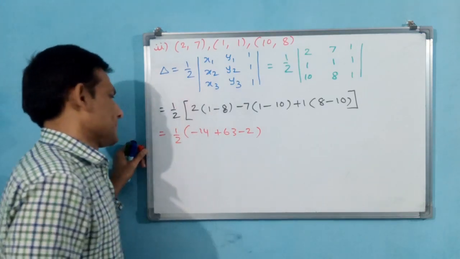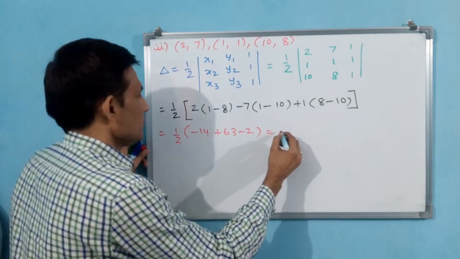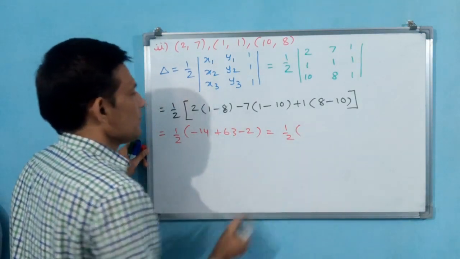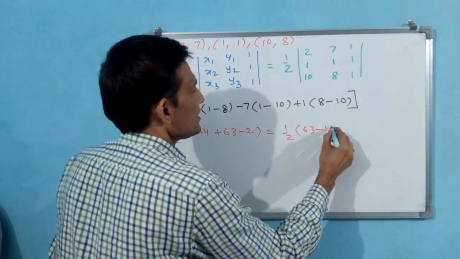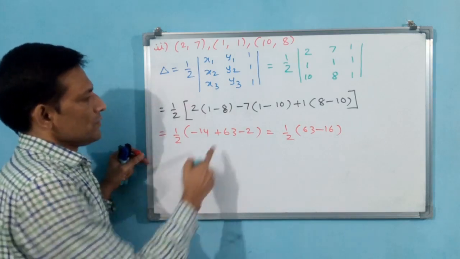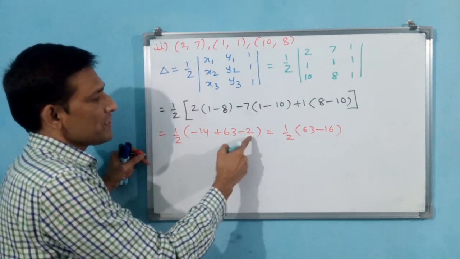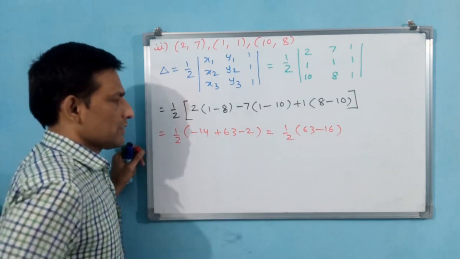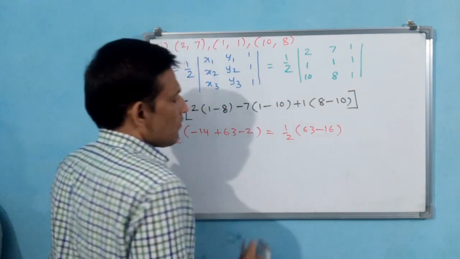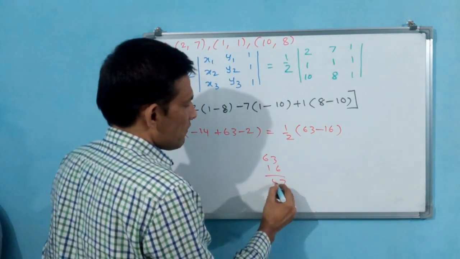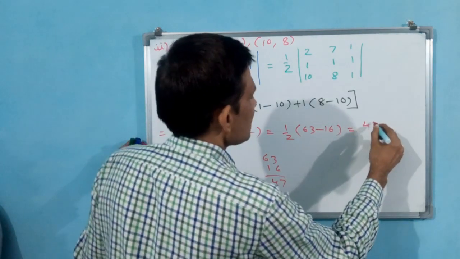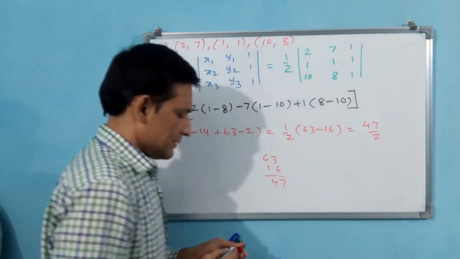That is equal to 1 by 2 into, you see, plus 63 minus 16. Is it okay? Now you see 63 is positive, 14 and 2 are negative. Now what will happen? 63 minus 16 is 47. That is equal to 47 by 2 will be your answer.